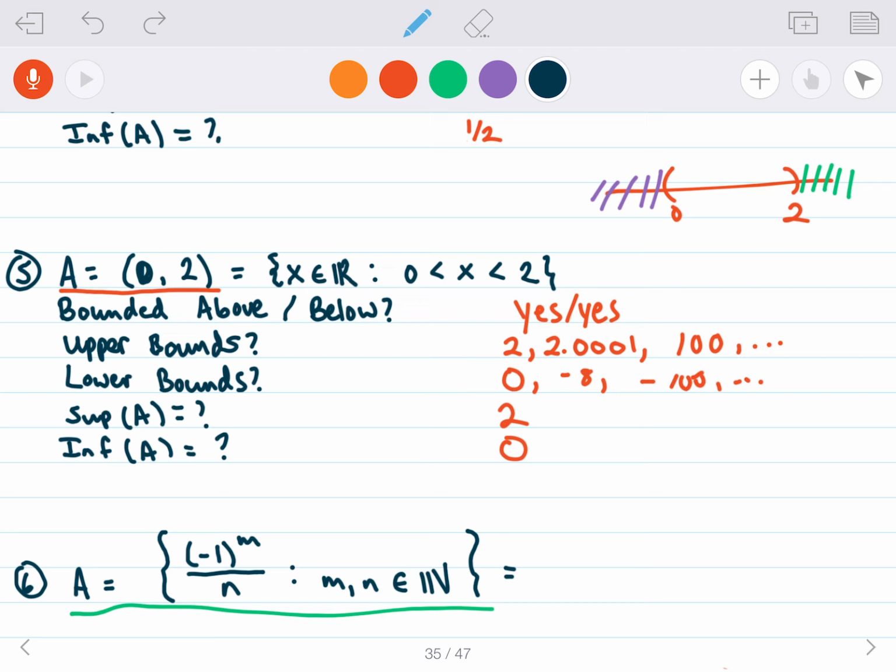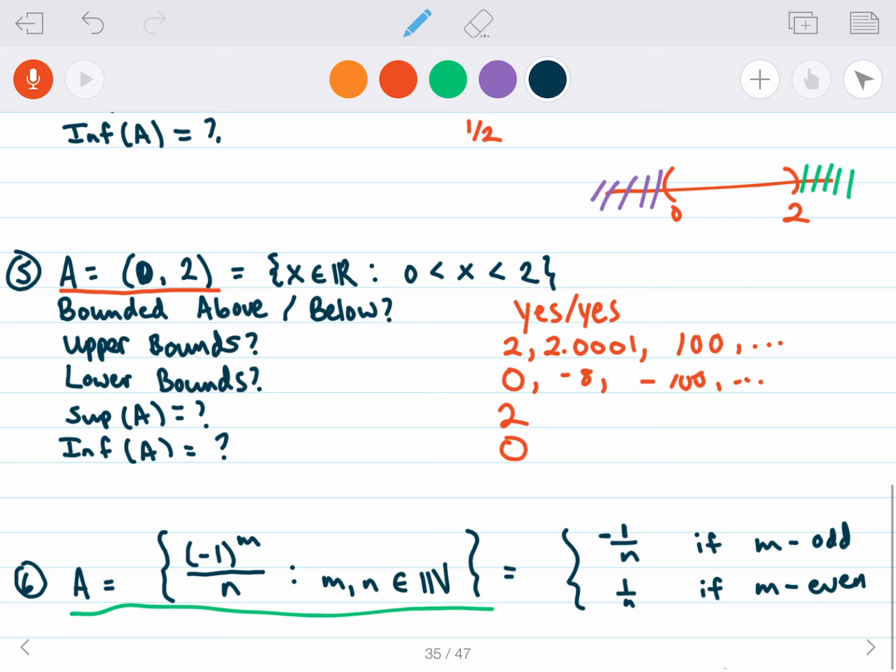If m is odd, it's going to be a -1. So this is going to be equal to -1/n if m is odd, and it's going to be 1/n if m is even.